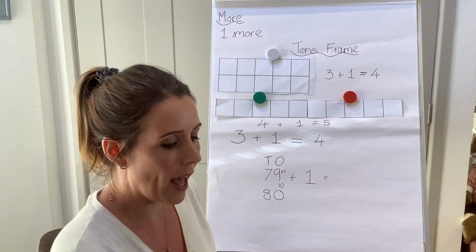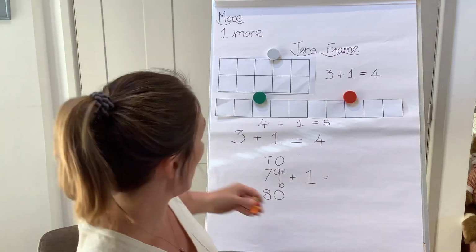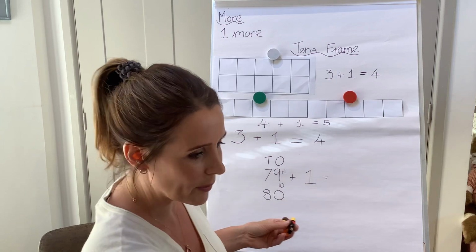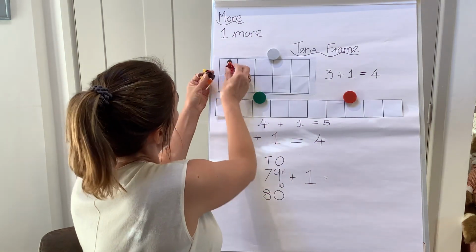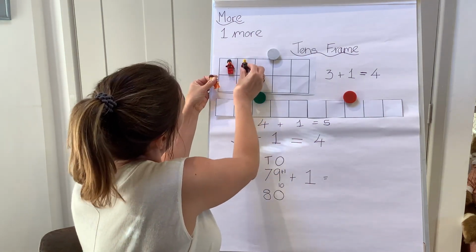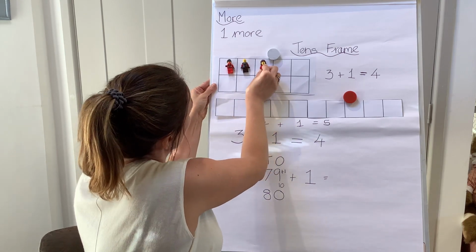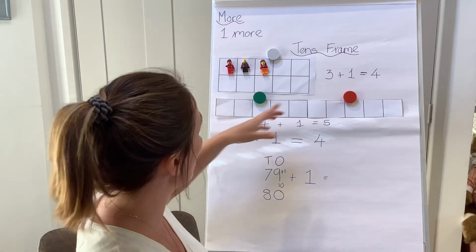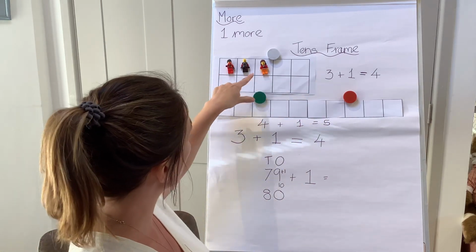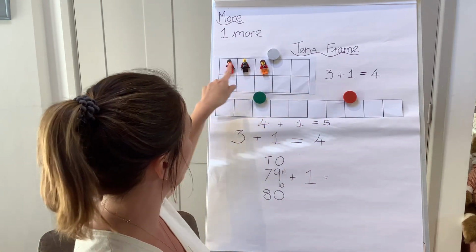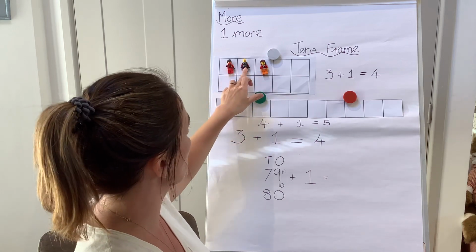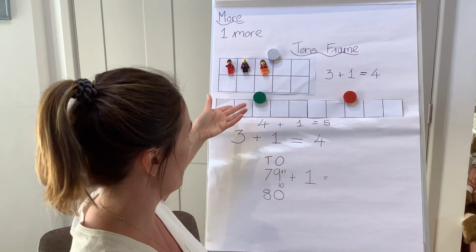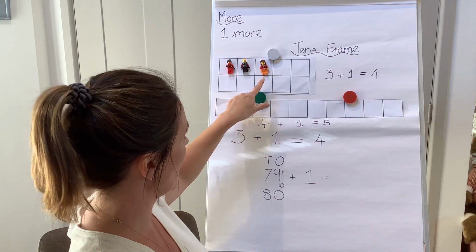So if we have 3, you can get yourself 3 objects. I've got little Lego people, and I can line them up. I know there's 3 by either subitizing, or I can also count them and know that the last number I got to, 1, 2, 3, is 3. So that's how many are in the set altogether.